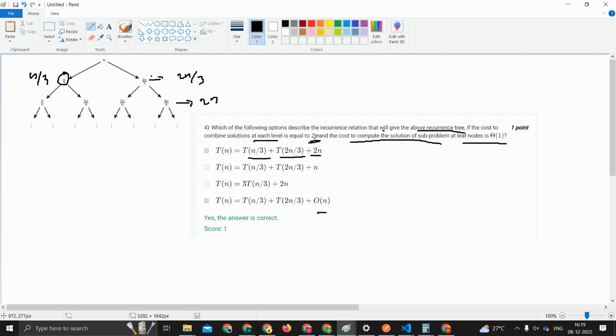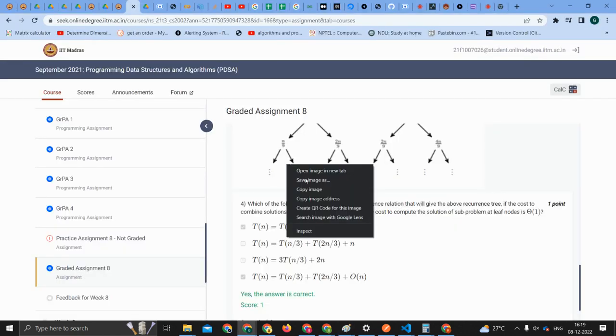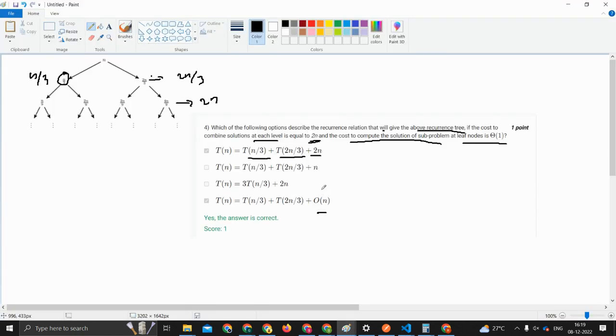The next level it will be 2n plus 2n, it will be 4n total, right? n by 3 plus 2n by 3, we have to calculate again. It won't go to 2 plus n. I think it's rounded up to 2n in each level.